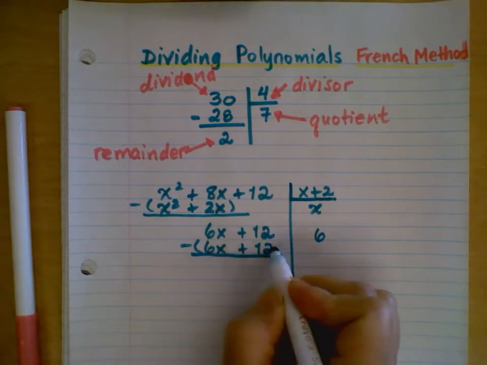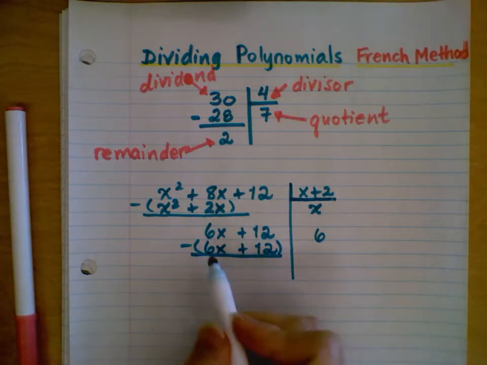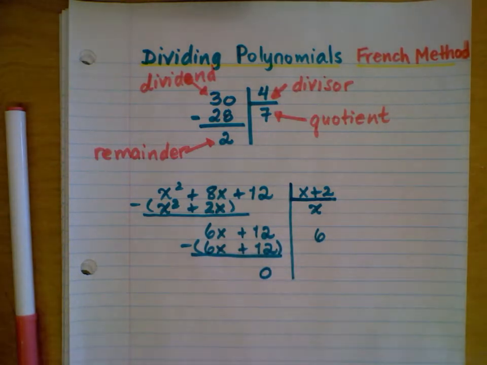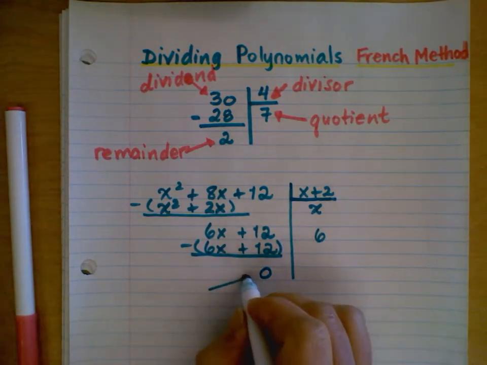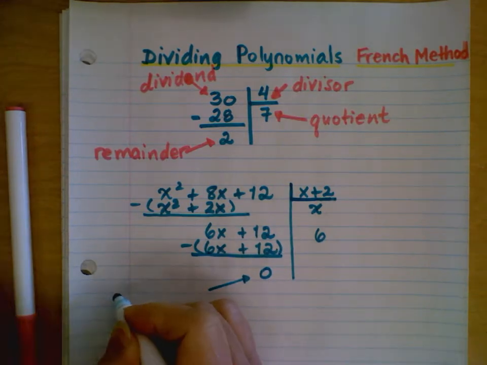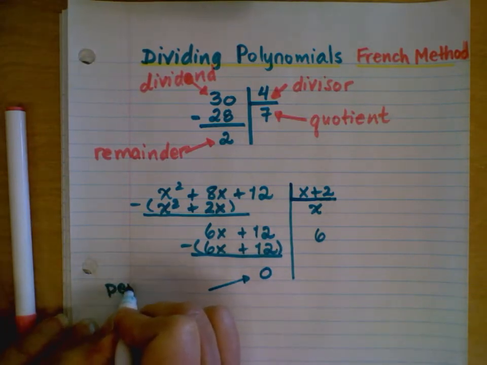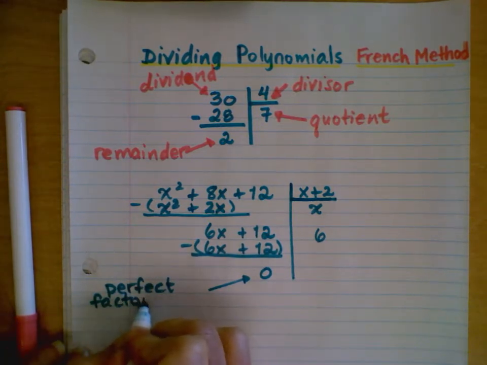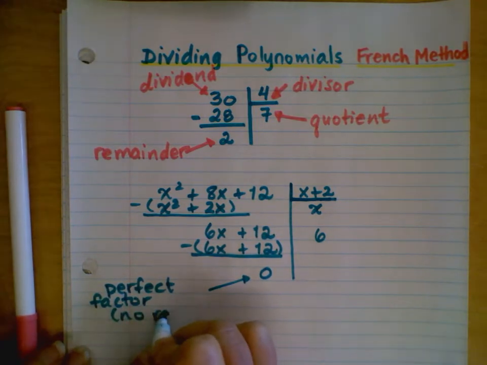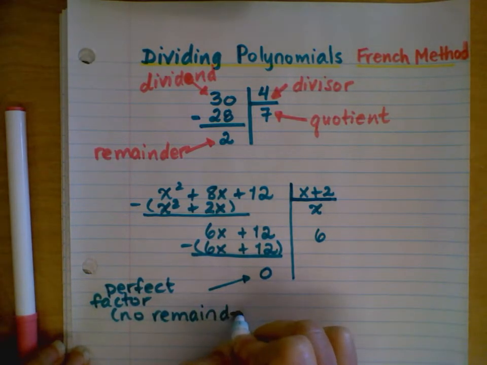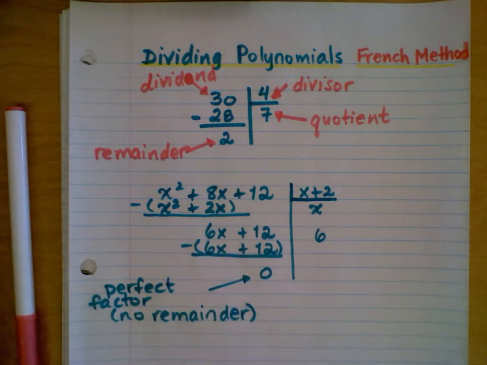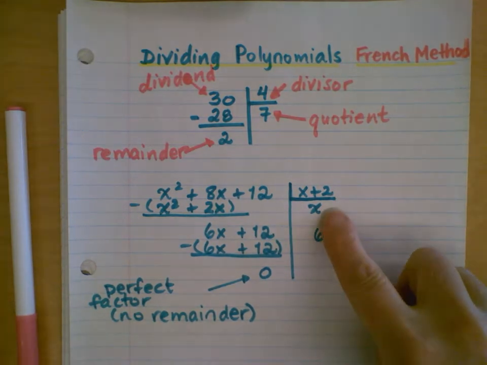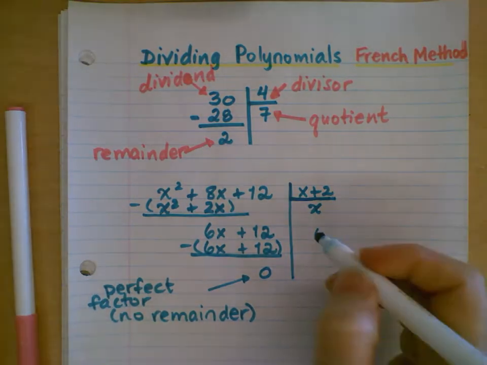And when I subtract the binomial from the 6x plus 12, which was my remainder in that middle step, the result is 0. So with a remainder of 0, I have a perfect factor situation. Okay, no remainder. Which means that over here, x plus 2 times x plus 6, and the sign is important.